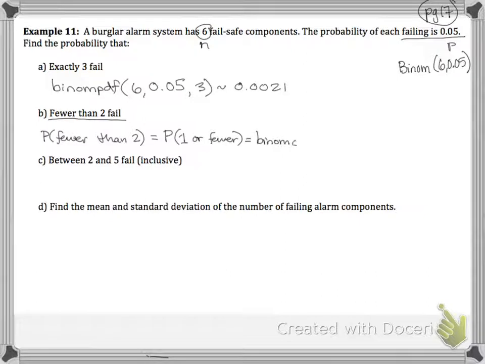So if we do the binom CDF, we can do 6 fail-safe components. The probability they fail is 0.05, and we want only 1 or 0 to fail. So this last number, if you can write it correctly, should be the number 1.